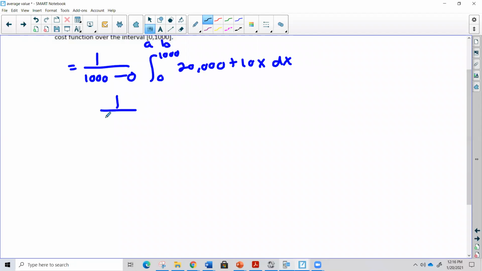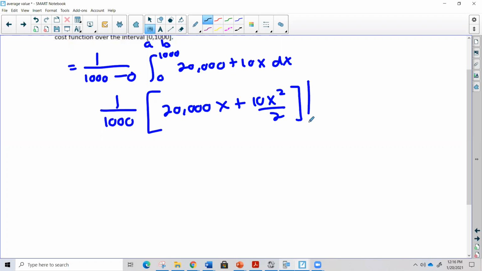Okay, so I get 1 over 1,000, and then I would have 20,000x plus 10x squared over 2. Again, because it's a definite integral, I don't need the plus c, but I do need the bounds.